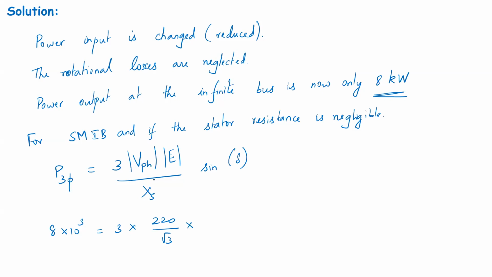So we have to recollect that, which is 164.465, and this whole thing is divided by XS, that is 1.75. Please note it is just the magnitude that we are considering, times sine of the load angle or the power angle delta. So in this expression, I know everything except for the value of delta. I can solve for delta.